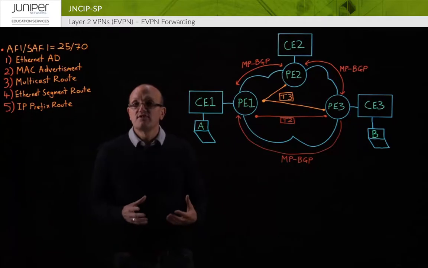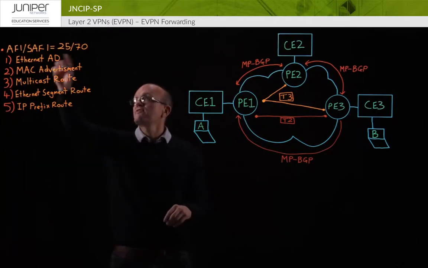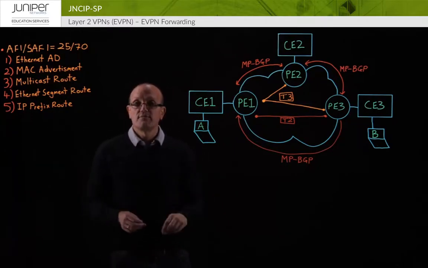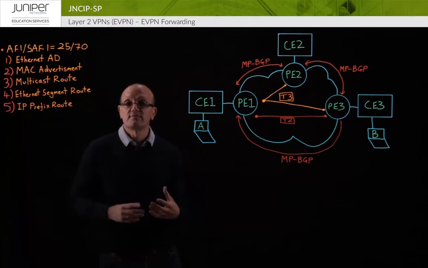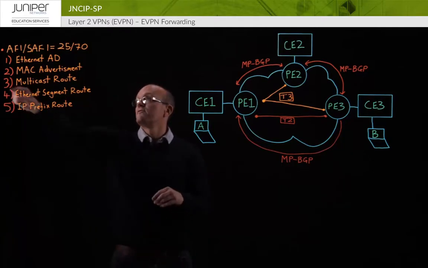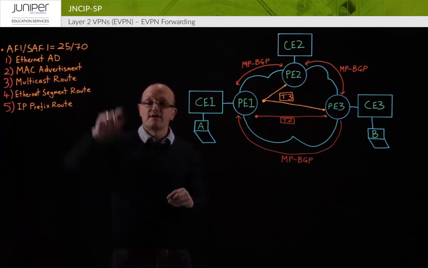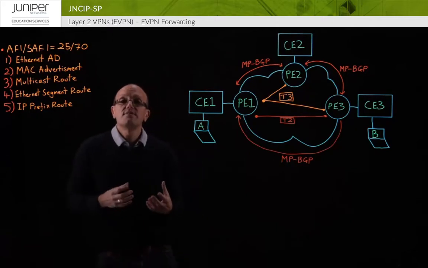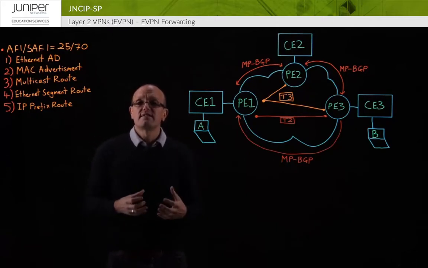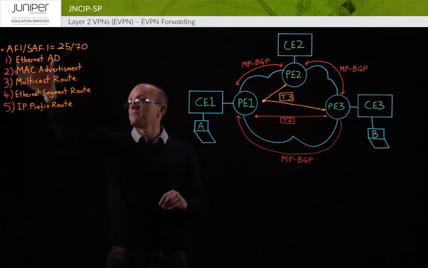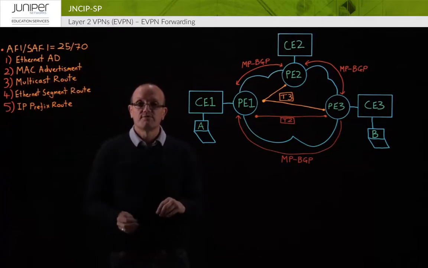So as we've mentioned previously, we have a new address family in multi-protocol BGP that's supporting EVPN. This is using AFI-SAFI 25/70. And within this address family, within this NLRI, we have these 5 different route types.